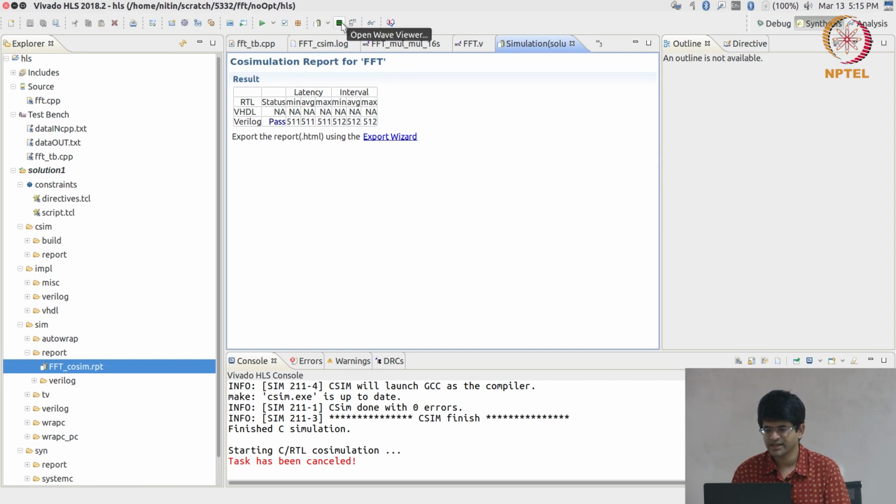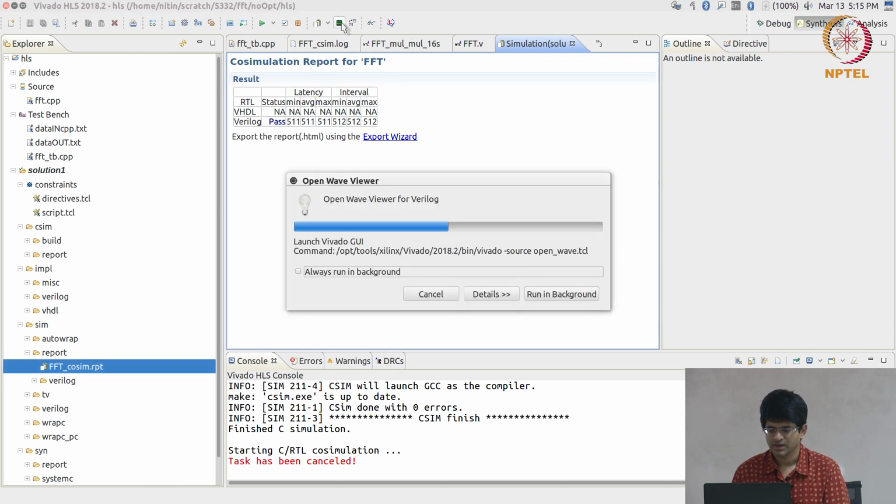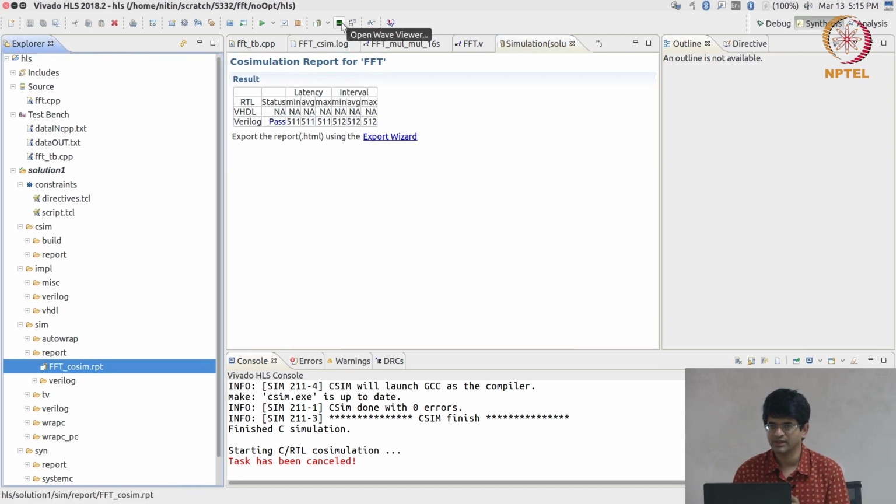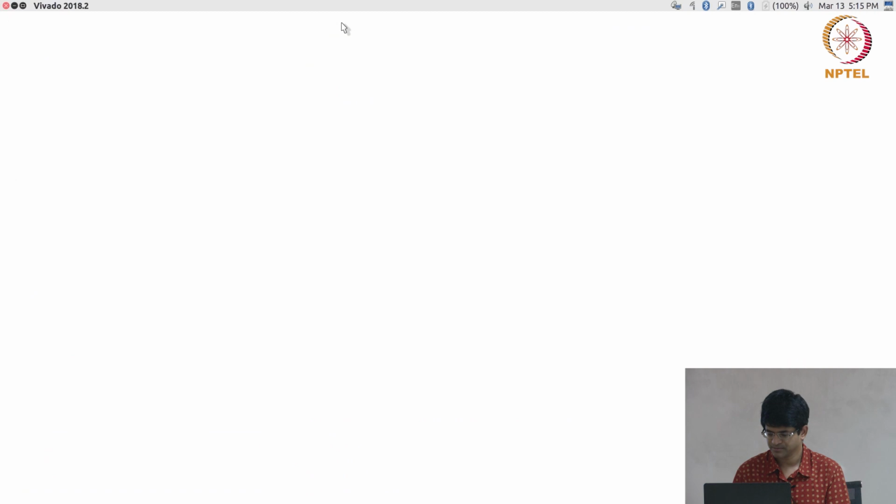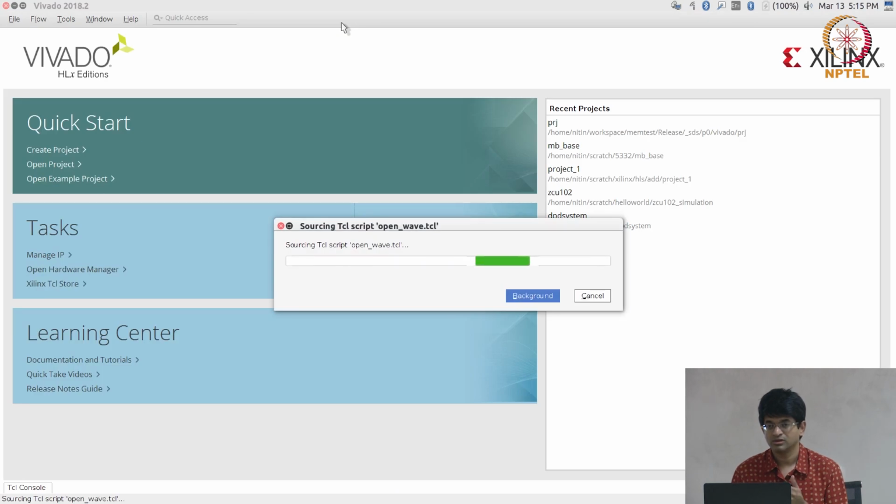What's even more interesting is if you actually open this wave viewer. This is another one of those tiny buttons with some green squiggles on it at the top. When you open this, you actually see the complete waveform of what is the input that was provided to your Verilog code and what is the output that was generated as a result. Now this is interesting.